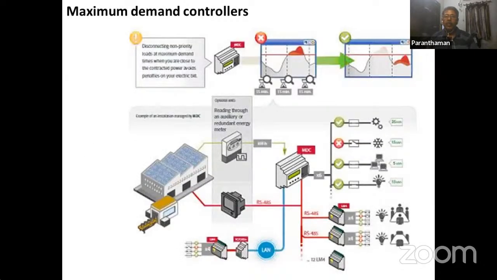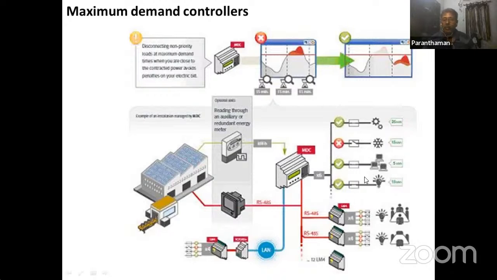This is the maximum demand controller, sir. What is that maximum demand controller? Consumer has to pay a penalty for not complying with the maximum demand restriction. Whenever the load goes beyond the maximum limit, that is beyond the contract limit, this automatic maximum demand controller will shut off the unimportant load.